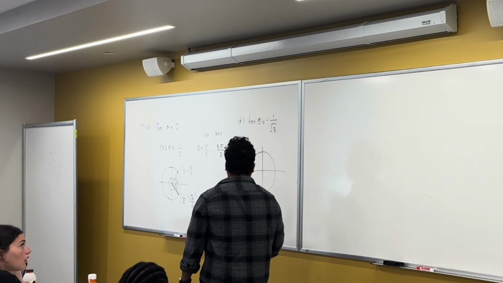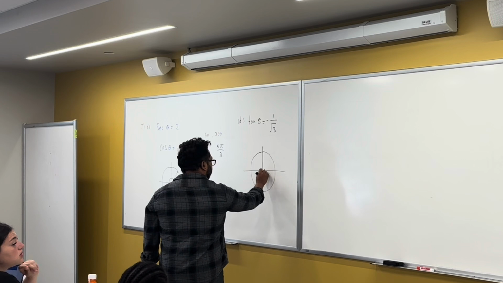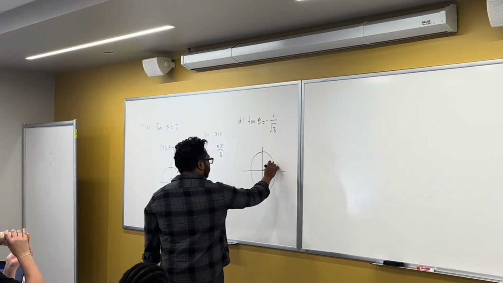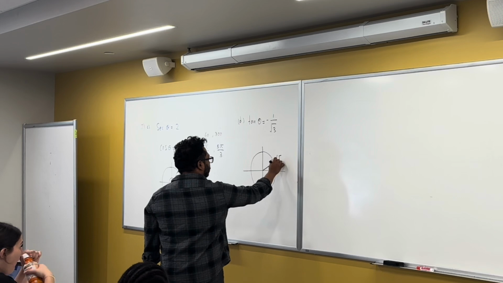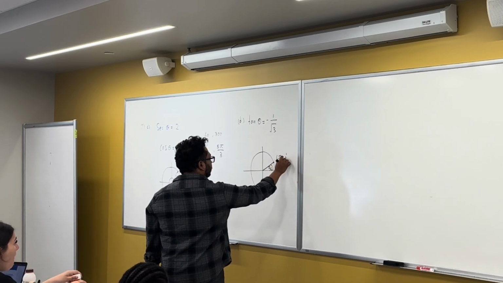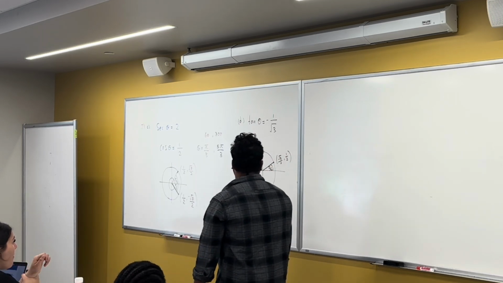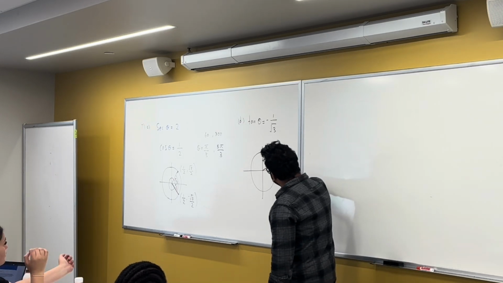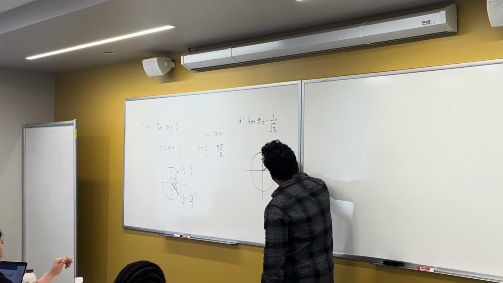Okay, this is kind of explanation. 30 degrees here, pi over 6. This point, root 3 over 2, half. This is cosine pi over 6. This is sine pi over 6.